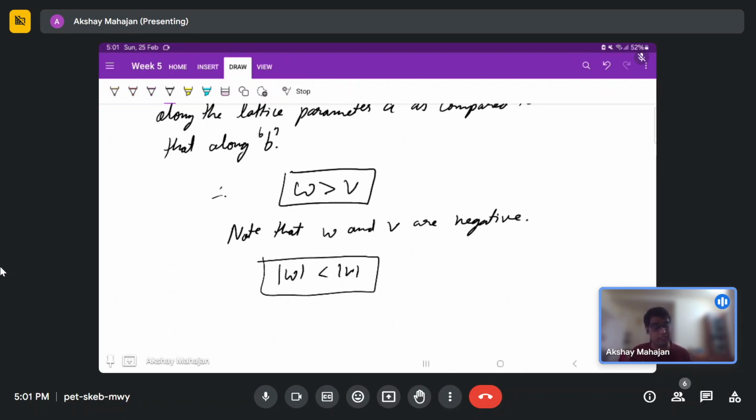If its magnitude is less but it is negative, the negative will just flip the sign. So W is going to be greater than V. Any doubt in this problem?